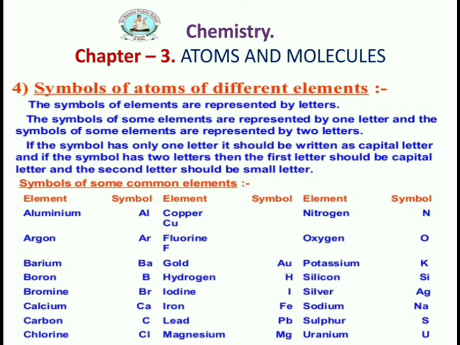Iron Fe is from the Latin word ferrum. Lead Pb, their Latin name is plumbum. Potassium K, the Latin word is kalium. Silver Ag, the Latin word is argentum, and sodium Na is natrium.